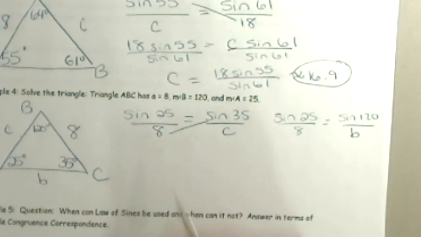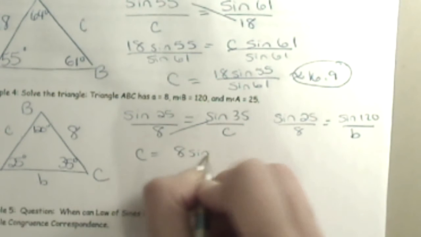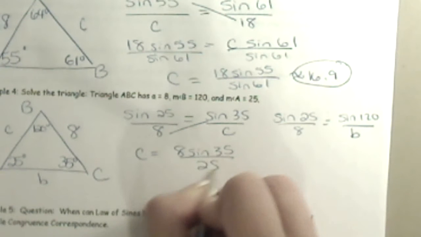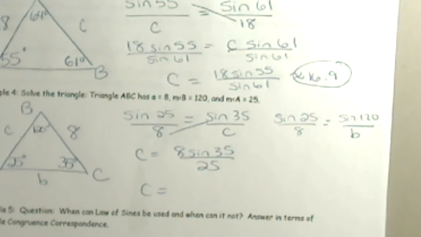If I cross multiply and then divide by sine of 25, I get that c is 8 sine of 35 divided by sine of 25.